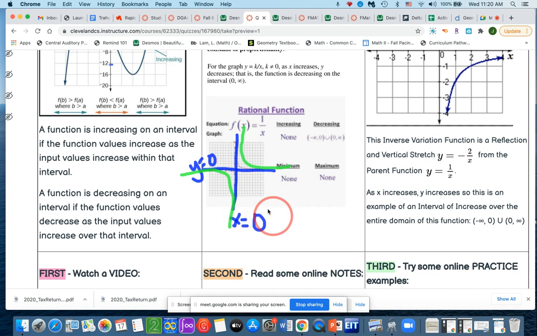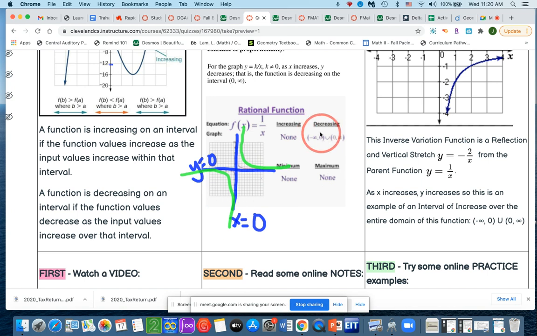So that means 0 will never be a part of the domain because x represents your domain. So on the x-axis, this number 0 right here, the branch on the right and the branch on the left aren't going to touch. So that's the only number that's not a part of your domain.